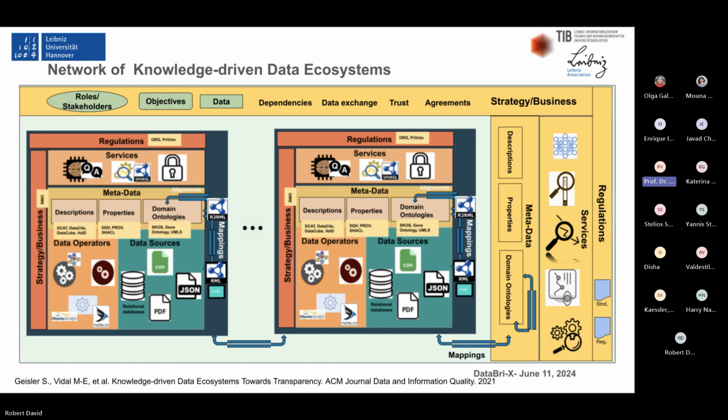That means that we have developed these knowledge-driven ecosystems where, for example, we have one data ecosystem that corresponds to all the data that belongs to a particular partner, and then we have each of these data ecosystems for different partners, and we connect everything. And the knowledge graph is the one that supports these connections. So we can go to the next.